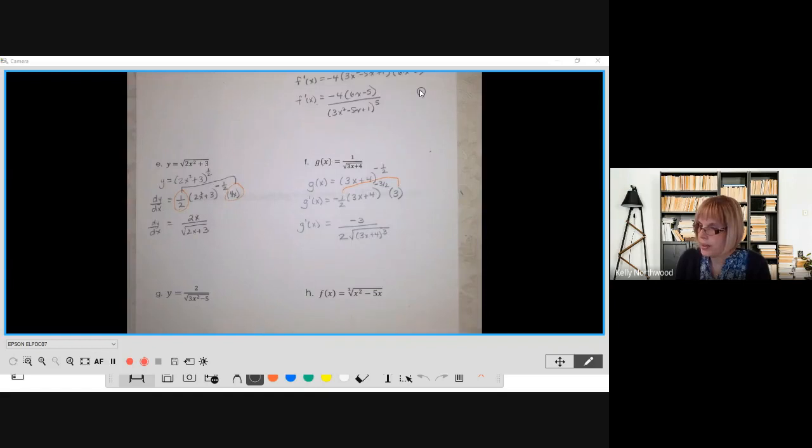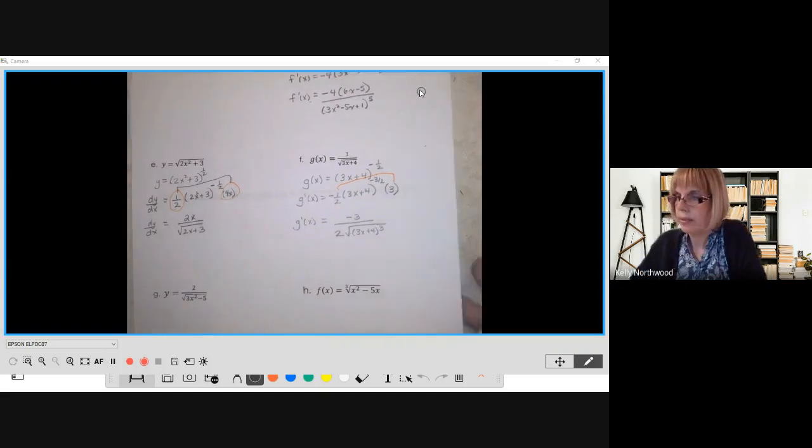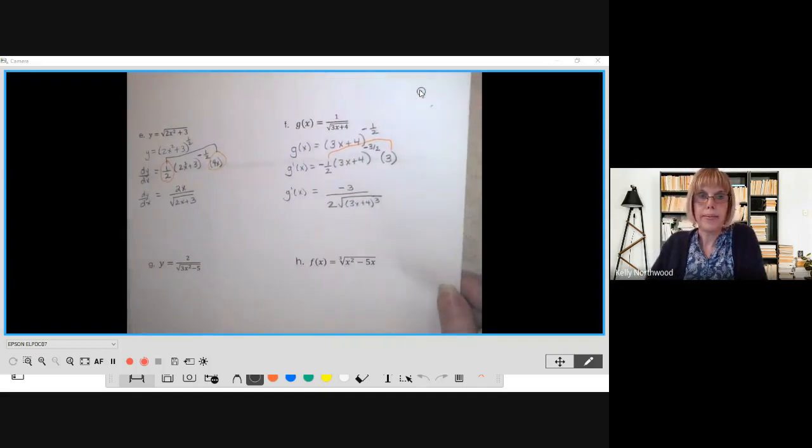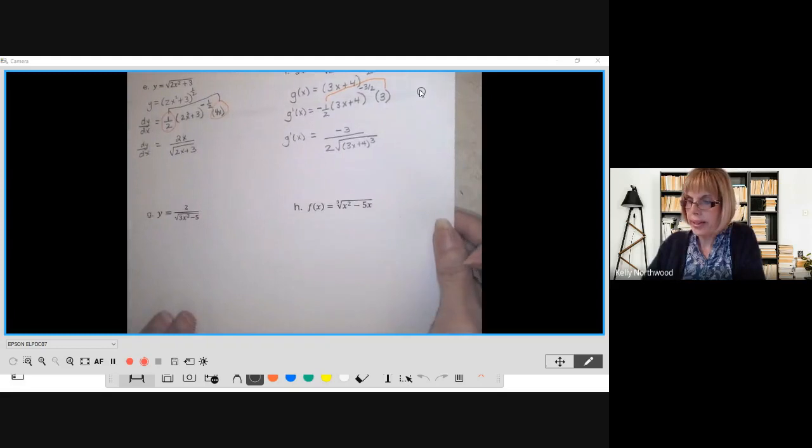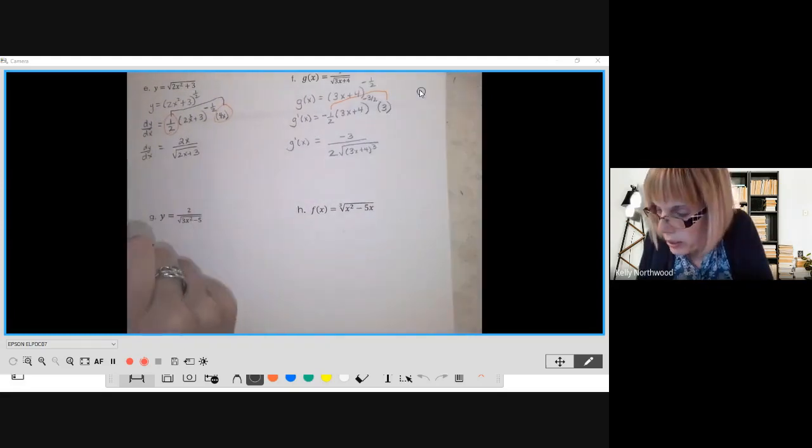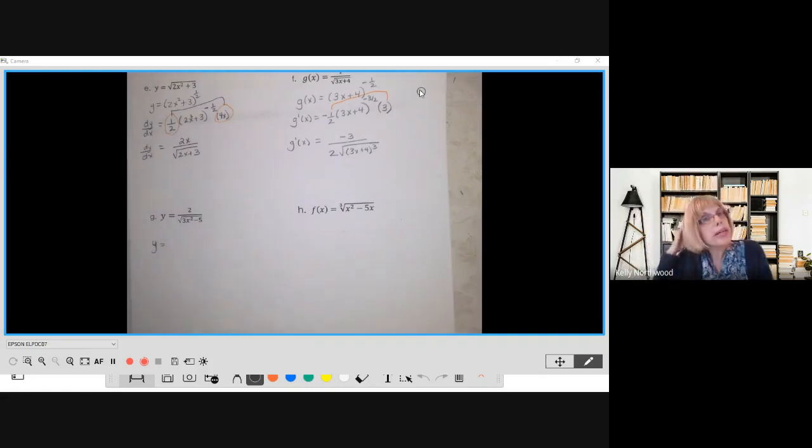Any questions about that one? Okay. They're getting a little more tricky. Does anyone know for G how you would rewrite it first before we find the derivative?